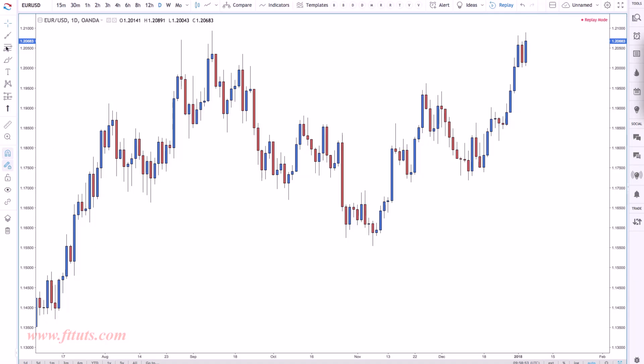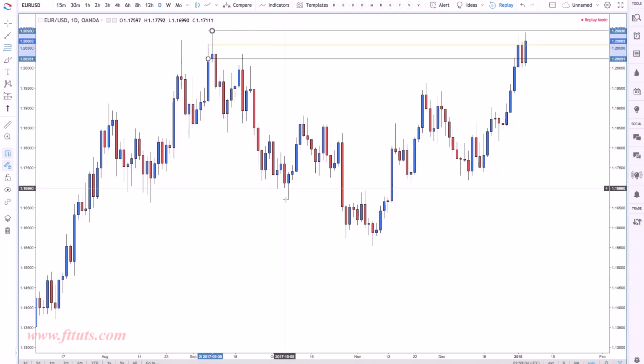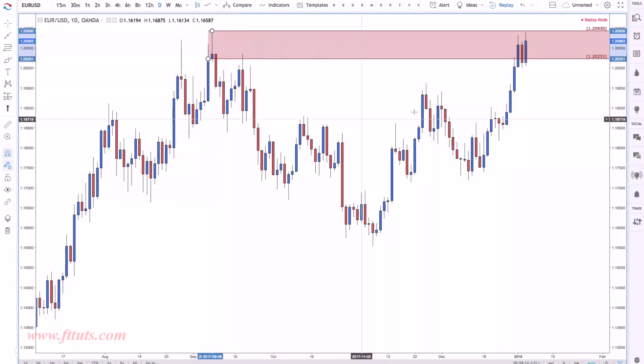What I would do first is look for areas of supply, right? And so the highest level of supply zone was around here. There's obviously other levels, but price has come up into this higher level of supply.